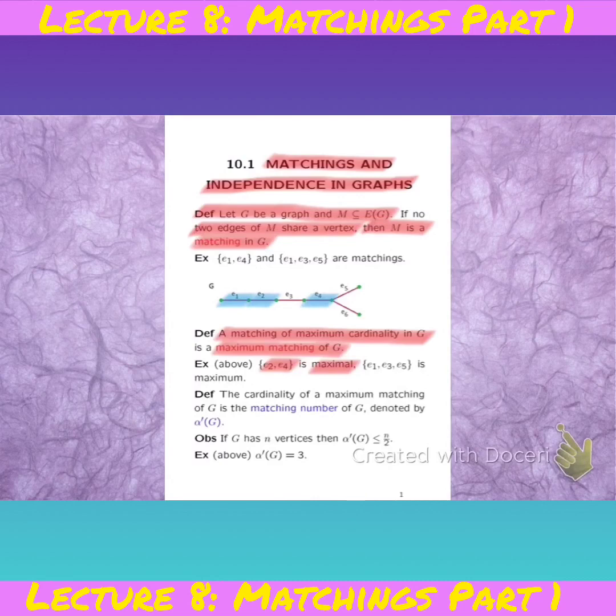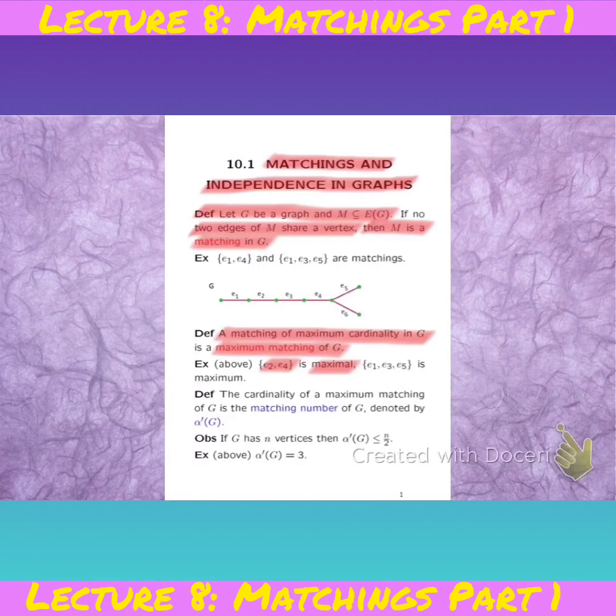So it's not going to satisfy the matching property. If we add that edge again, not going to happen, because then those edges share vertices, E2 and E3. If we add any one of those edges there, again we share a vertex. So that's maximal. It means I cannot add any edges, and if I do, I sit with a violation of the matching property.